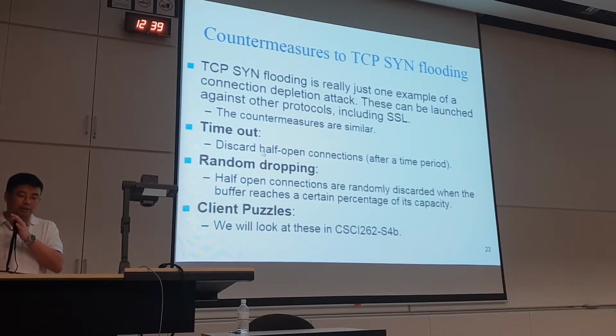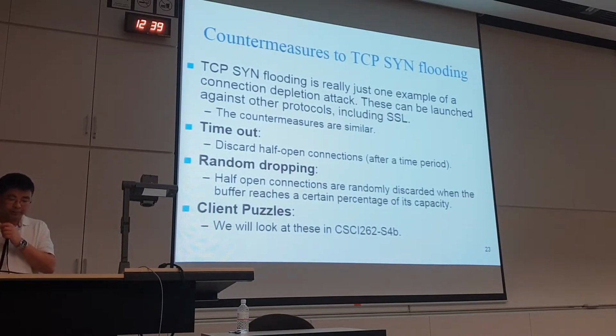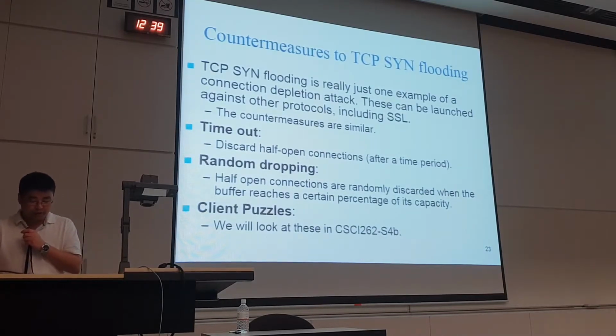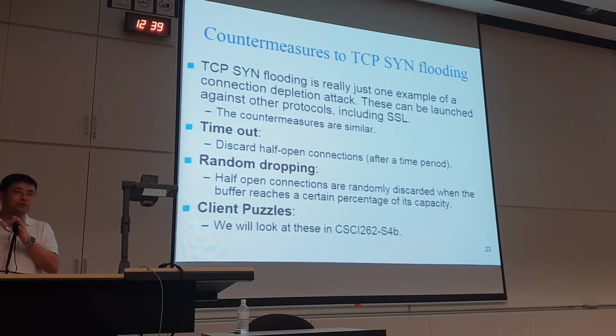For example, instead of waiting for half a second, I just wait for maybe 100 milliseconds, since 10 milliseconds is too short. And then random dropping is another method. If the buffer is full, you randomly drop some half-open connections. This is another approach.